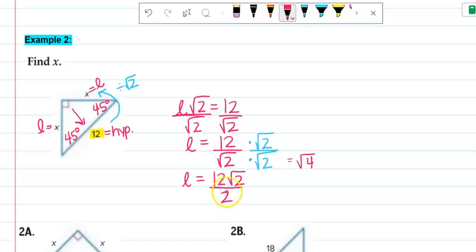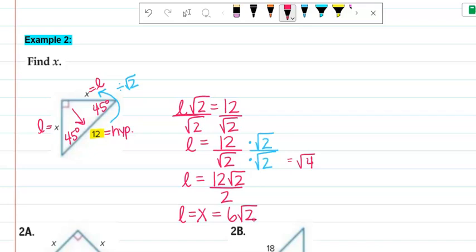This 2 on the bottom cannot change what's inside of the radical, okay, because the 2 is not in a radical. But the 2 can simplify the number outside of the radical. So 12 divided by 2, so our x is our L. 12 divided by 2 is 6, and then our square root of 2 there.